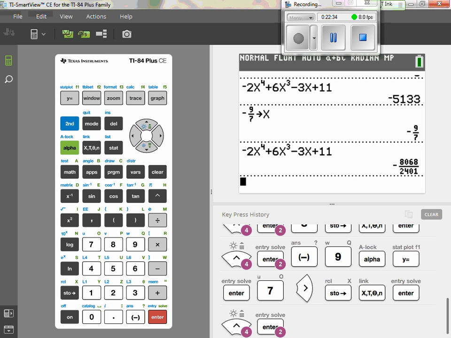This here is nice. This here makes these nice. It makes them easy, especially when we start getting to later on in the chapter. We start talking about a theorem called the rational zeros theorem. And the rational zeros theorem will give you all the possible rational zeros of a function.